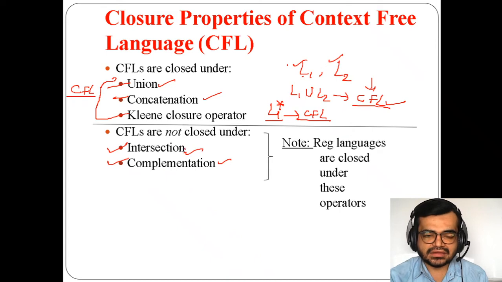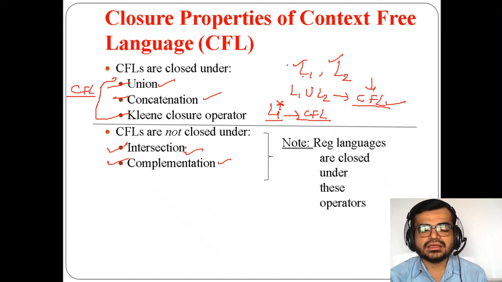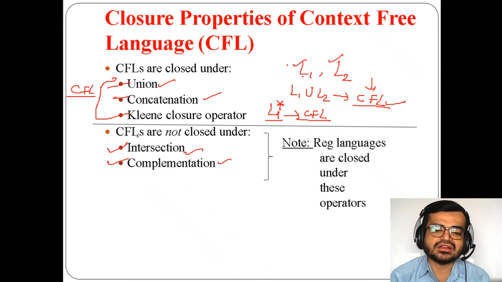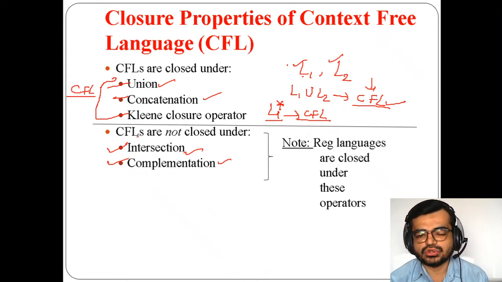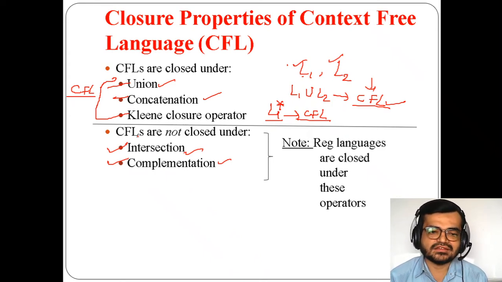That is why the result of either intersection or complementation will not necessarily be a context free language. So we can say that context free languages are not closed under either intersection or complement.